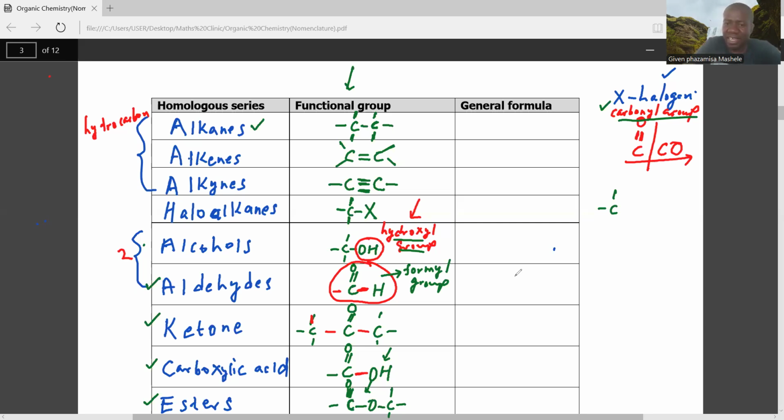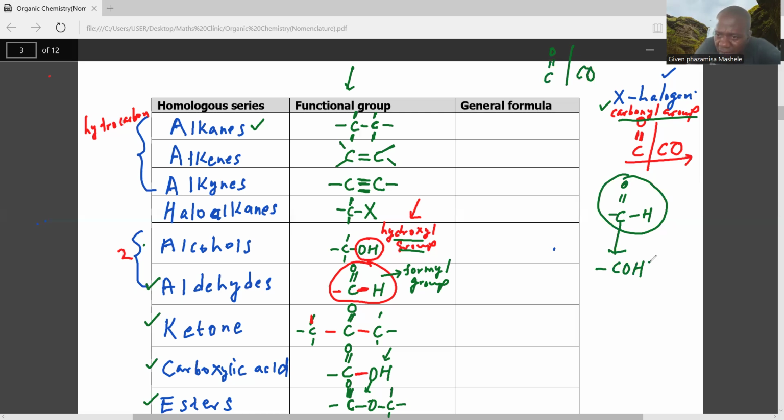And bear in mind, guys, when we write this formyl group, listen to me very well, because this is a typical exam question. Remember, when we have this carbonyl with the H, it's called a formyl group, because it's the functional group of an aldehyde. We know that carbonyl can be written as CO. If we write this as COH, it's no longer an aldehyde.